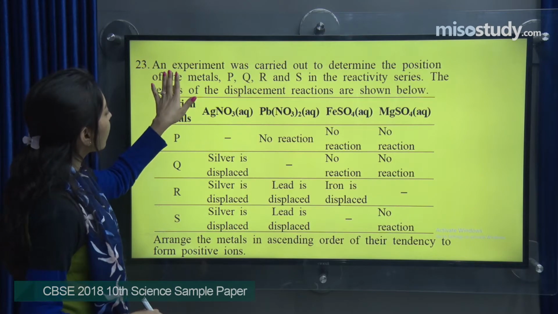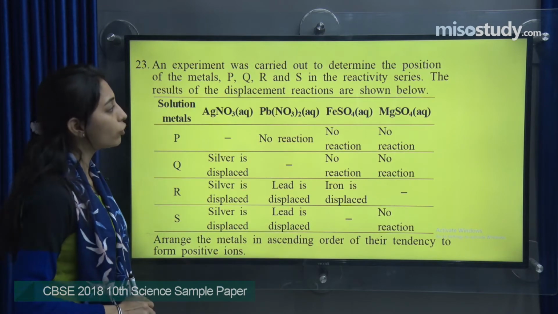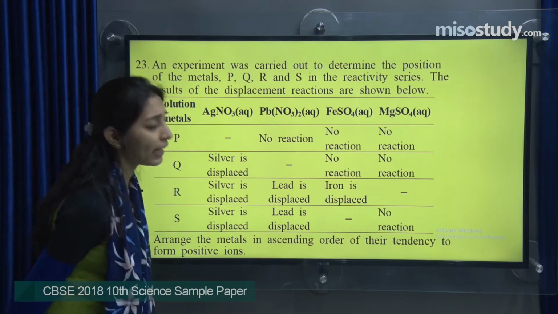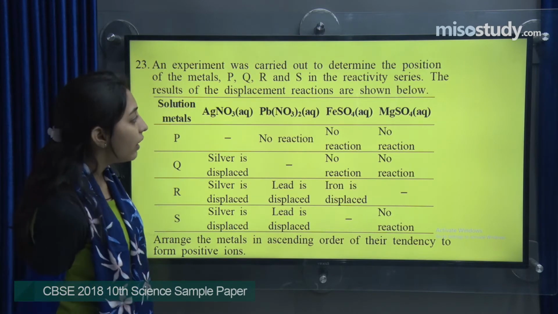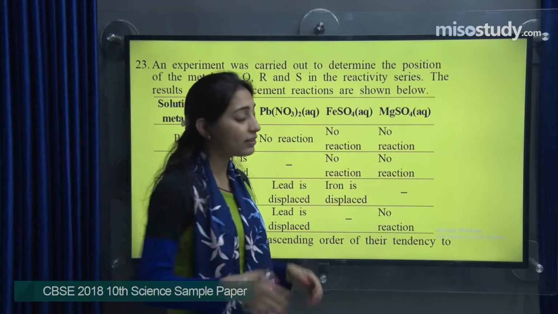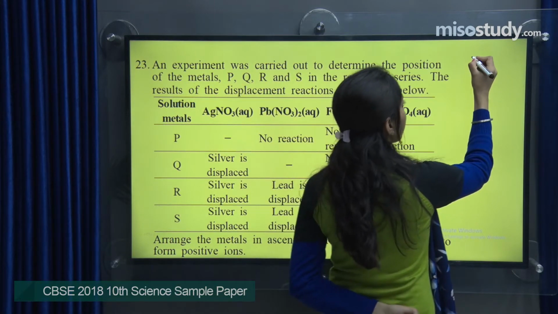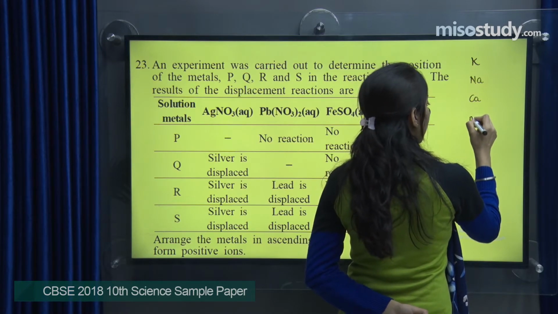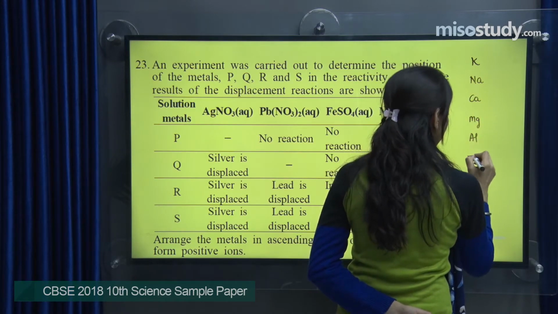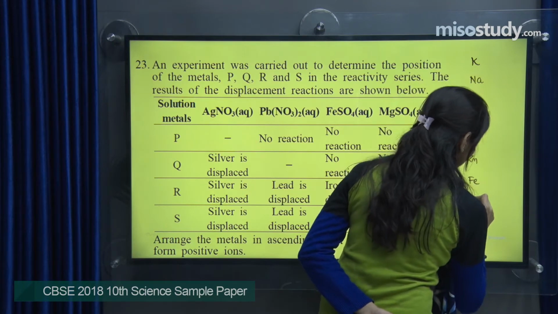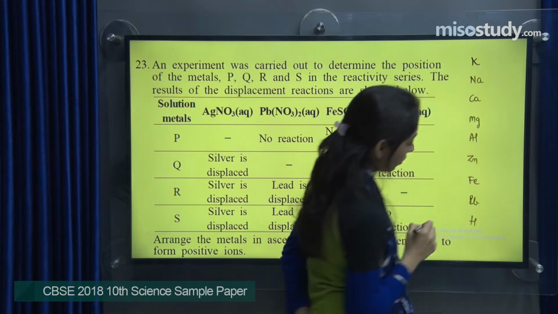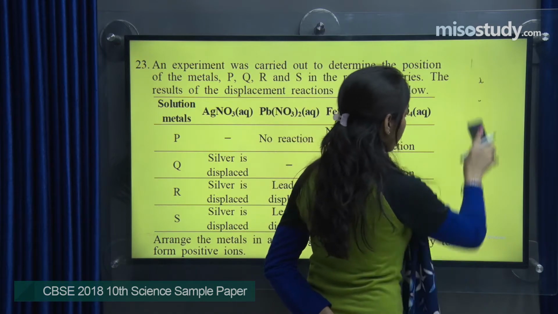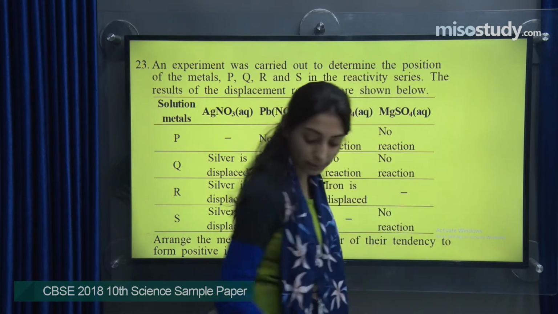And it says that an experiment was carried out to determine the position of metals P, Q, R and S in the reactivity series. So since he is talking about the reactivity series, let me first write K, Na, Ca, Mg, Al, Zn, Fe, Pb, H. I am so bad, I should have written it small, leaving small spaces.